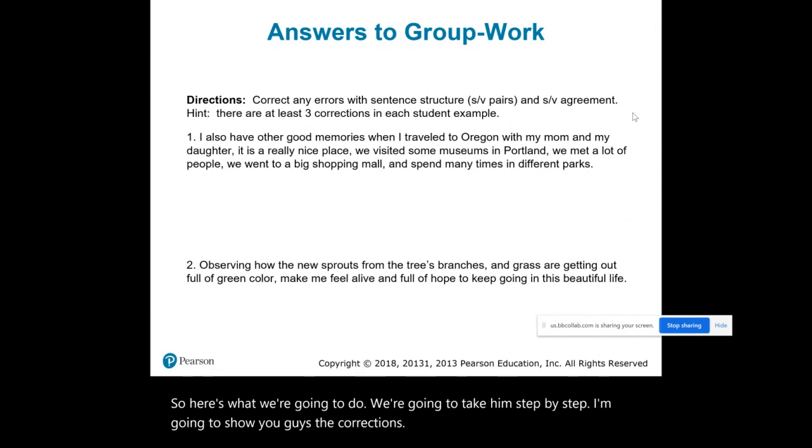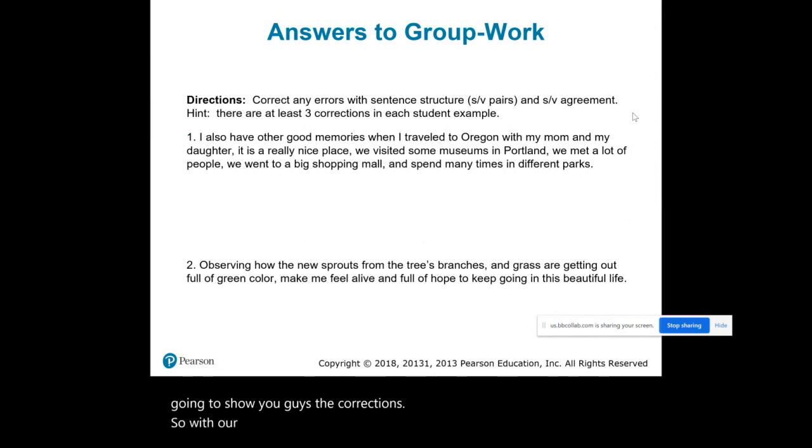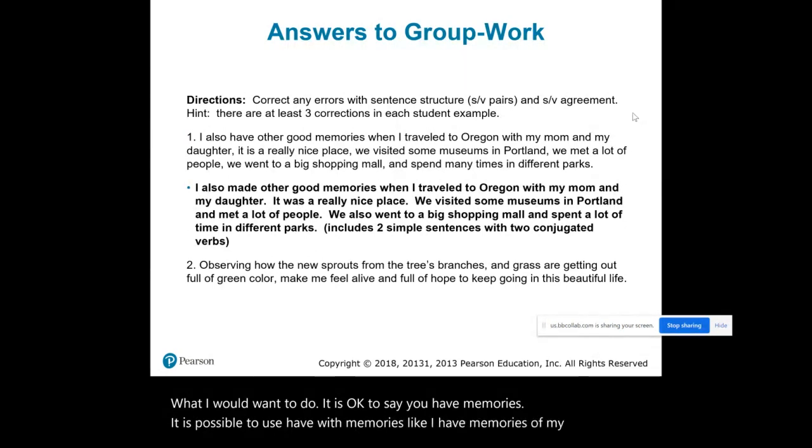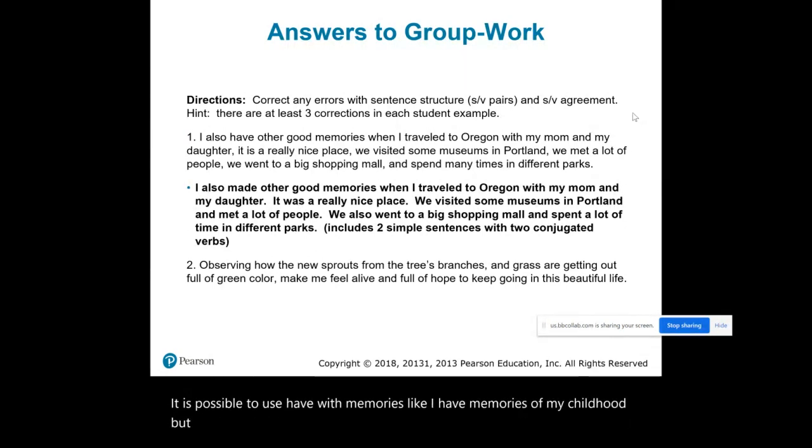Okay, so with our first one, it is okay to say you have memories. It is possible to use have with memories, like I have memories of my childhood. But this writer was focusing on creating a memory and going to a place.